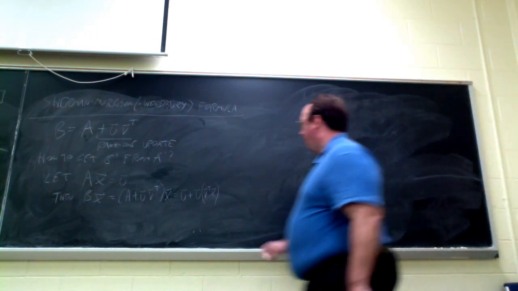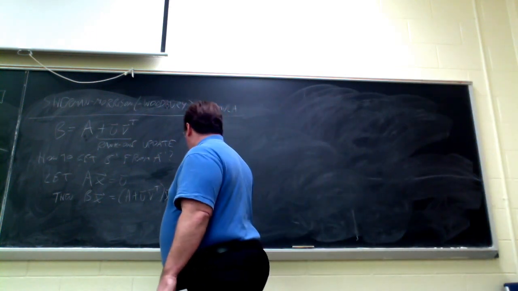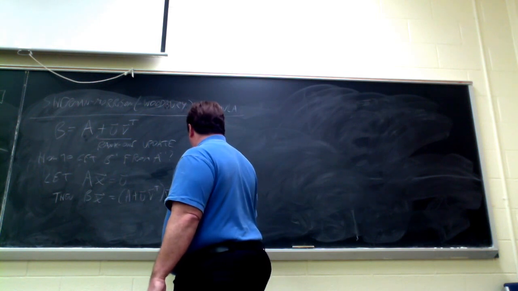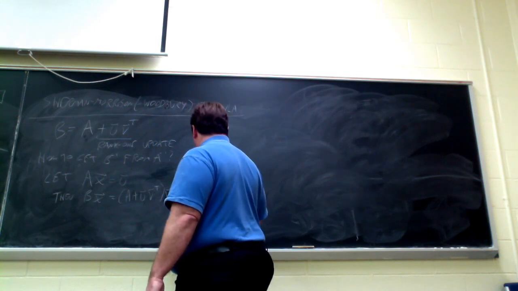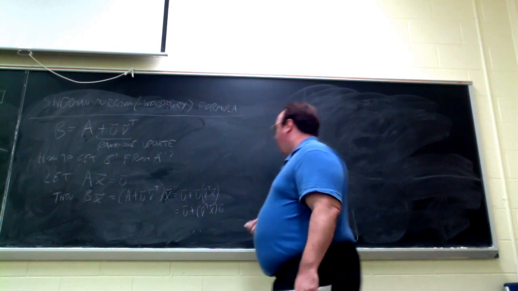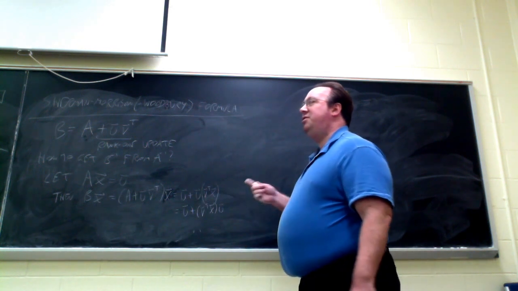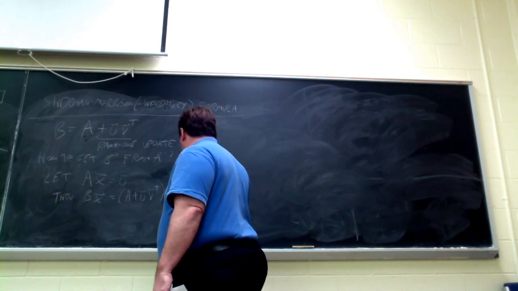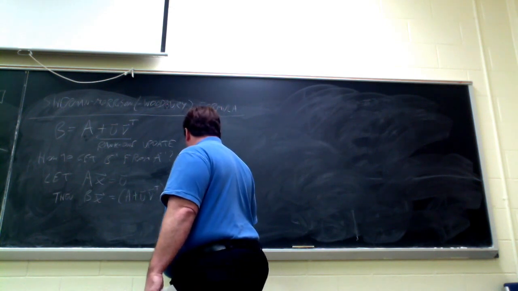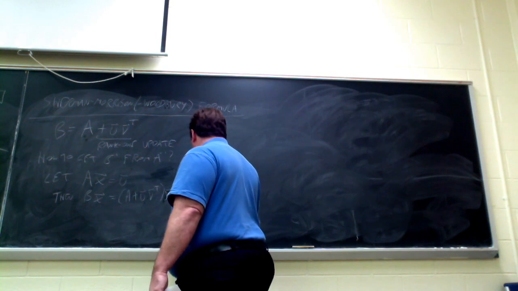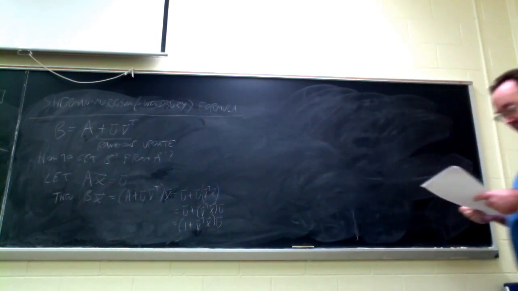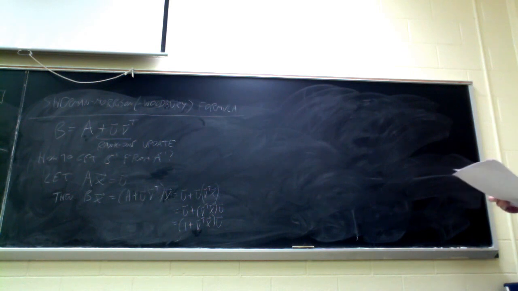So I can write this as U plus V transpose X U. But the point is, really, I can factor a U out of this. So this is the same as 1 plus V transpose X, that's just a number, times U.